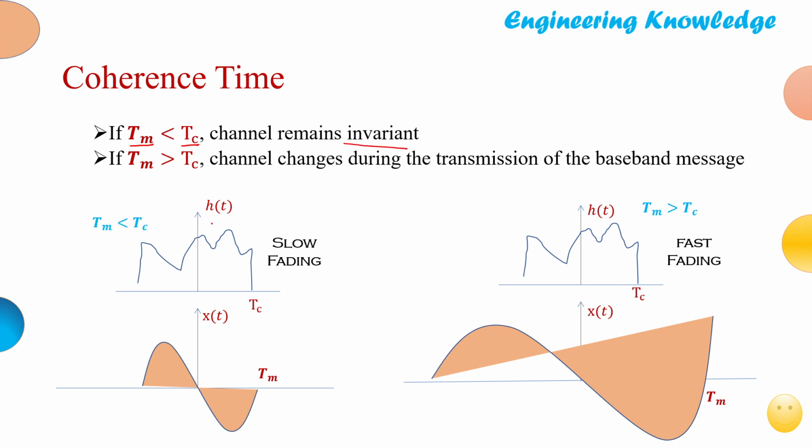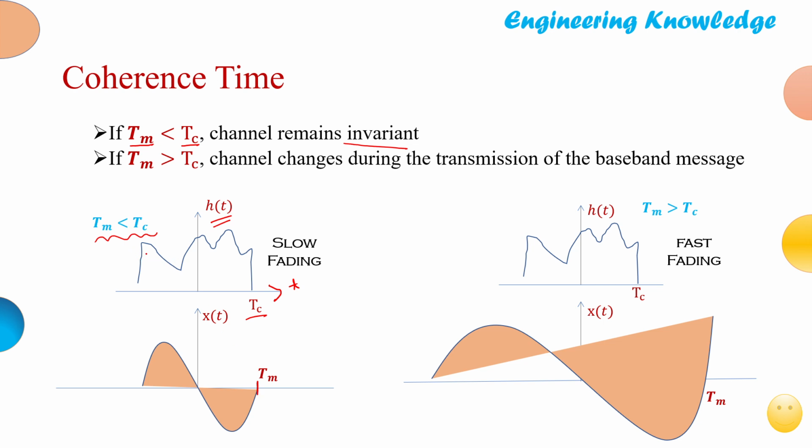You can see from this diagram, this is the channel impulse response versus t. It's a very rough demonstration of the concept. In this case, we are tackling that Tm is less than Tc. So this is Tc basically, and suppose that there is a signal that has a Tm, and we are assuming that this Tm is smaller than Tc.